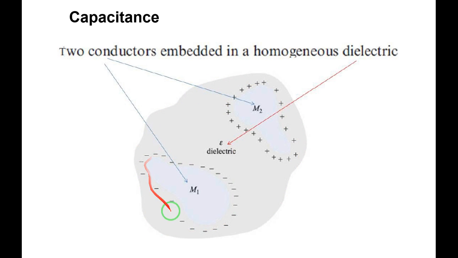This is M1, around this shape. Then this is M2. They are embedded into this dielectric material. And this metallic conductor M1 is negatively charged and M2 is positively charged. These two conductors are separated by some distance d, and in between them is a dielectric medium. So this forms the capacitance effect right here.